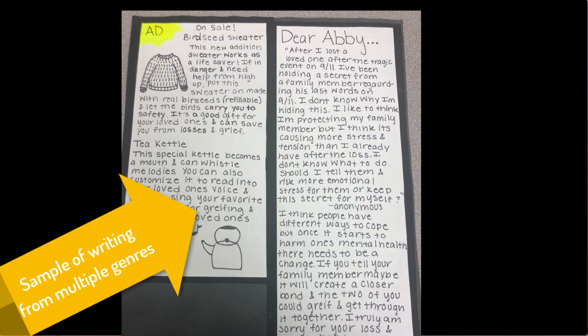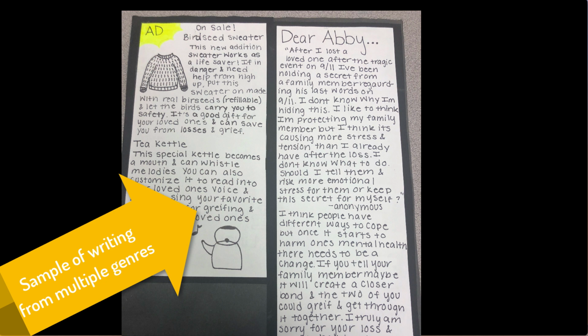The novel itself, Extremely Loud and Incredibly Close, is actually written in a way where the author uses different genres throughout the novel to communicate this message. There are letters, for example, that are written from different characters to other characters.